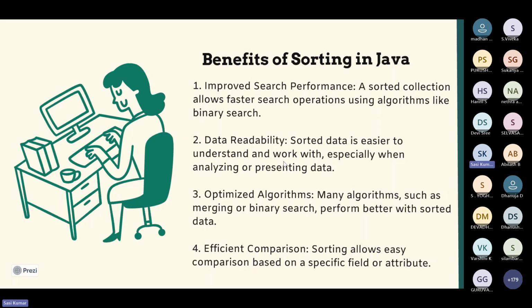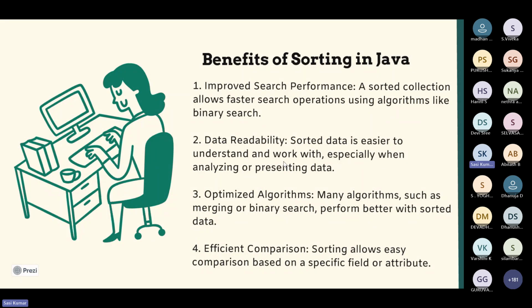In a sorted array or a sorted collection, we can perform searching faster. So it is improved search performance. When we go for sorting, we can easily perform the searching operation.